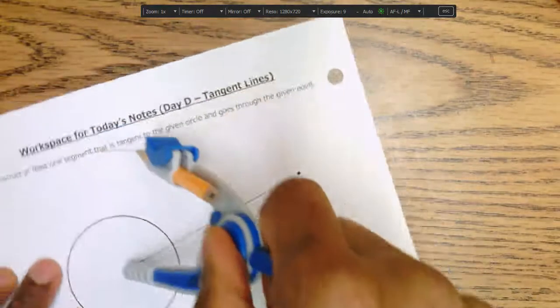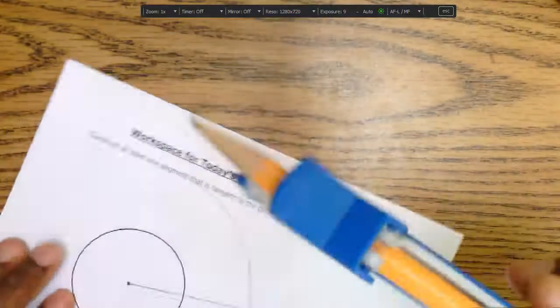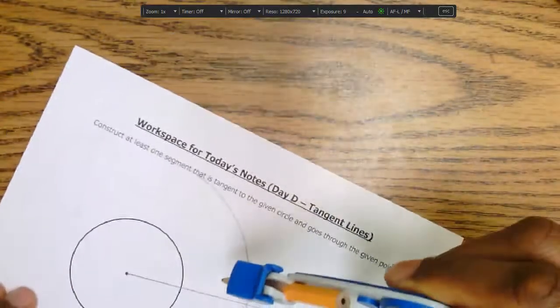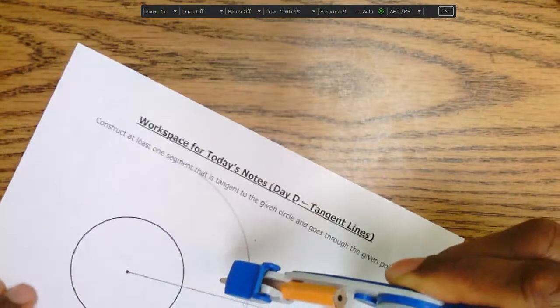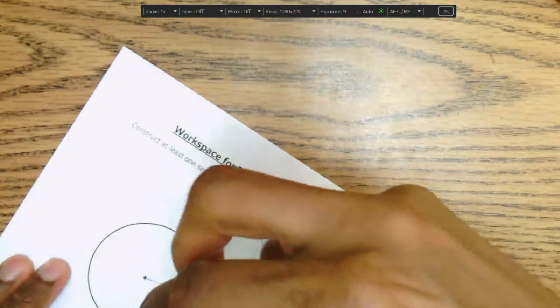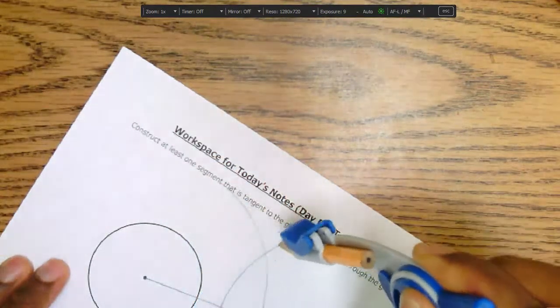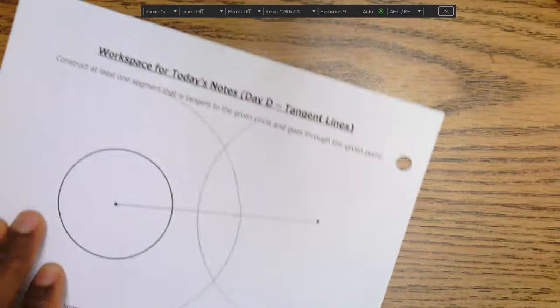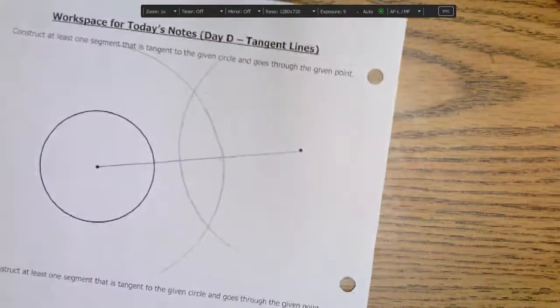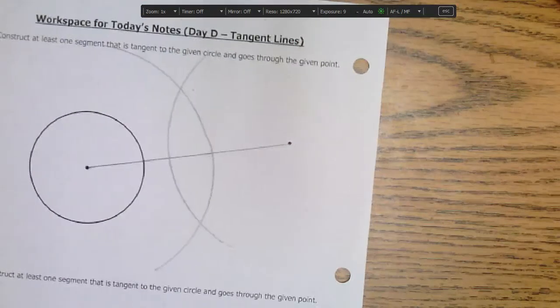So we'll just draw an arc like this. And then we can jump over to the second point and draw another arc that overlaps it. Okay, so those overlapping arcs sort of remind us of a fish.